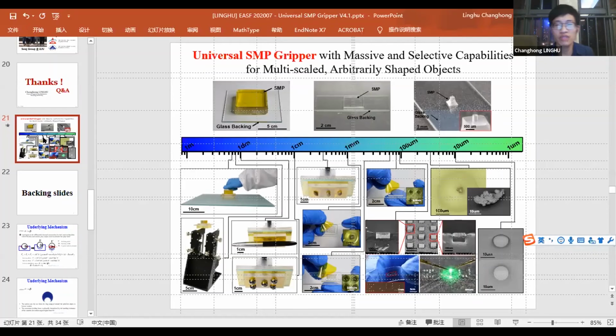The SMP is not constrained to thermally triggered. It can also be light triggered, and we can combine some iron particles or other magnetic particles into the SMP, so we can drive the shape recovery process by the magnetic field. This method can be used in the constrained environment.